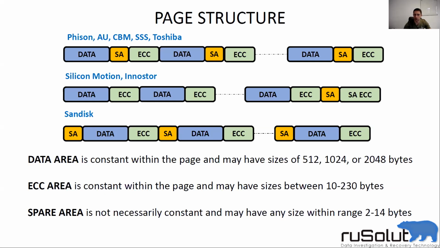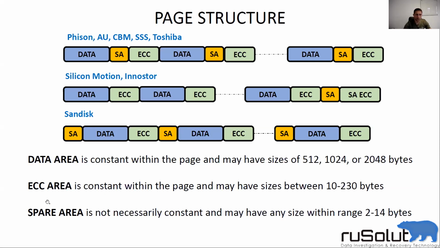And taking into account that this amount of bytes belongs to 2048 bytes, we understand that it's approximately 115 bytes per 1024 bytes. So the more or less standard size of ECC area for 1024 bytes is 100 bytes plus or minus. It's for modern controllers. 100 bytes of ECC for 1024 bytes of data area.